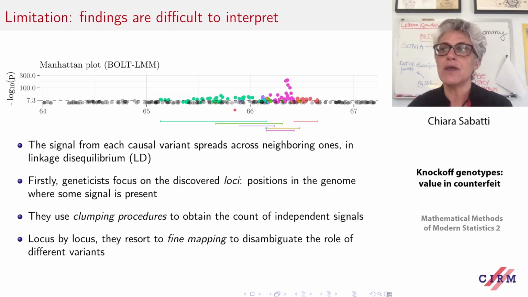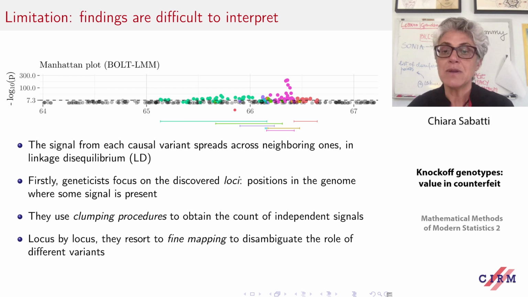So there might be only one genetic variation that really influences height. But because there is a strong linkage disequilibrium, a strong dependence between all the SNPs in a neighborhood in the genome, this association signal between the phenotype and the causal SNP really spreads across all the neighboring SNPs.